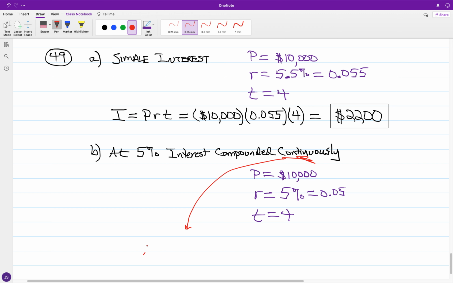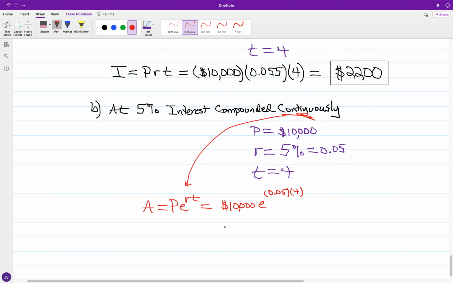And so for the continuous compounding, again, we have A is equal to P times E to the R times T. Again, we have $10,000 times E to the R times T, so we have R at 0.05, and T is at 4.